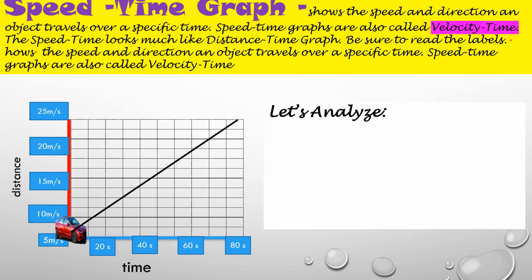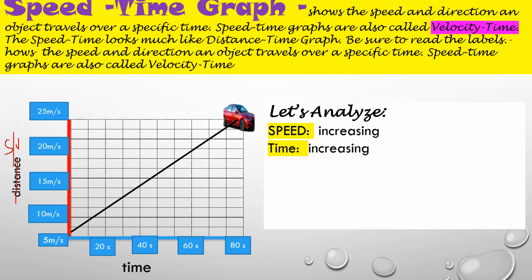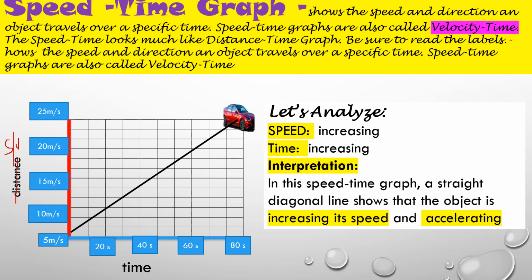Forward with the next one. Okay? So ito ay speed pa rin, ha? Speed or velocity. Okay. What happened to the speed of the car? Increase, to the right. Nag-increase, increasing. What happened to the time? Increase pa rin, ma'am. So therefore, anong interpretation natin?